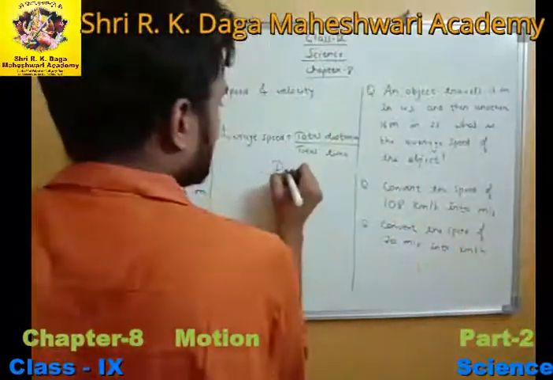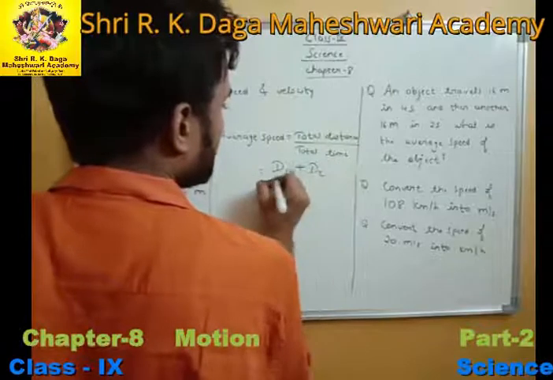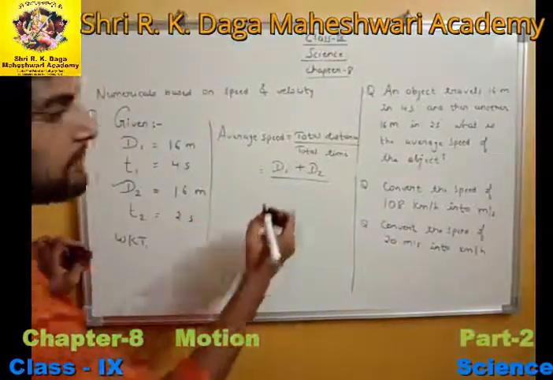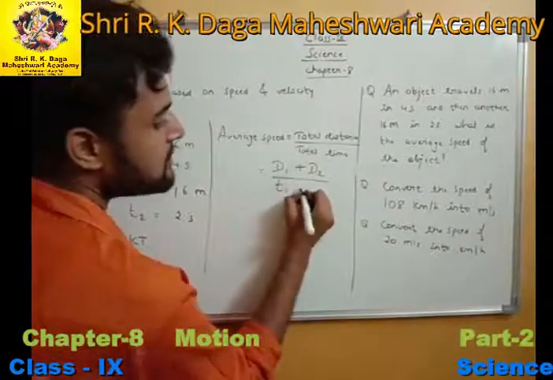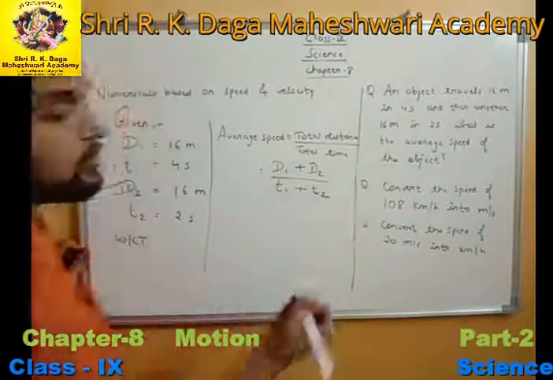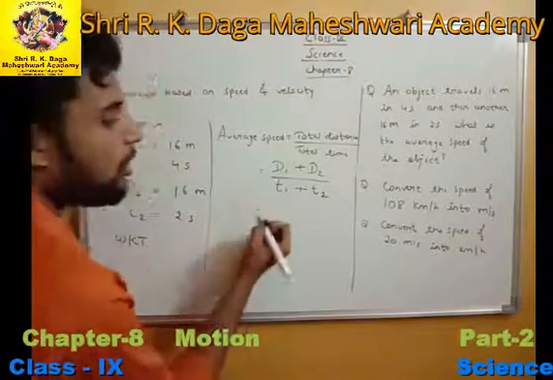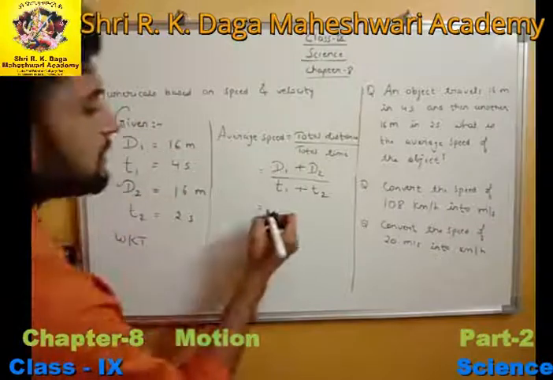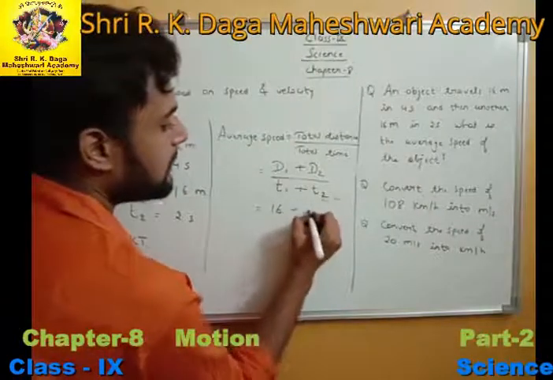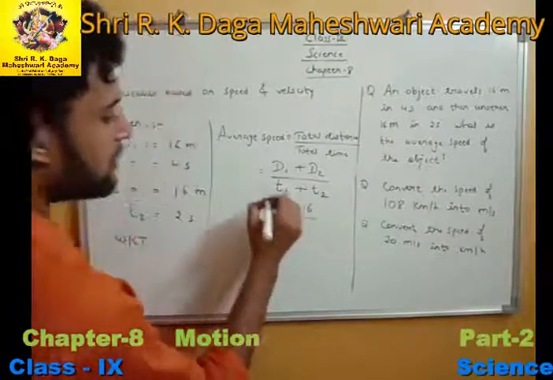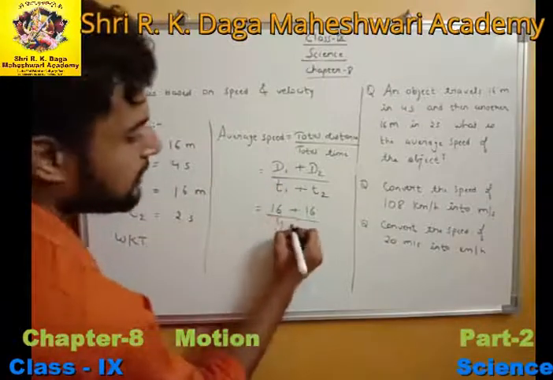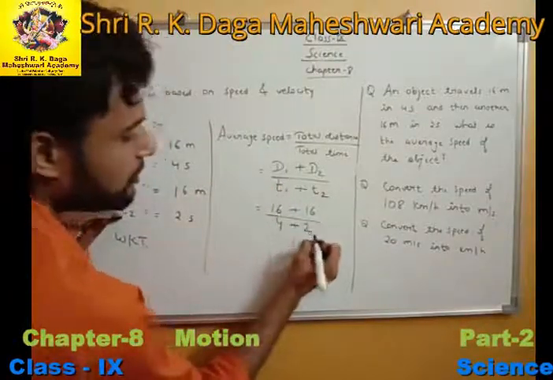So we can write it here d1 plus d2, and the total time taken by the object to cover this distance is t1 plus t2. On putting all these values, what do we get? d1 plus d2, where t1 is equal to 4 and t2 is equal to 2.